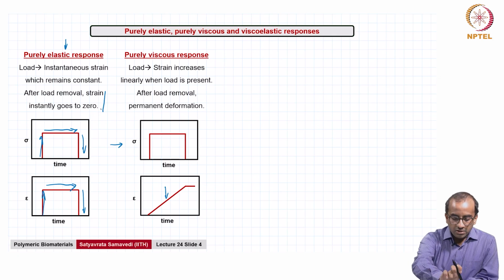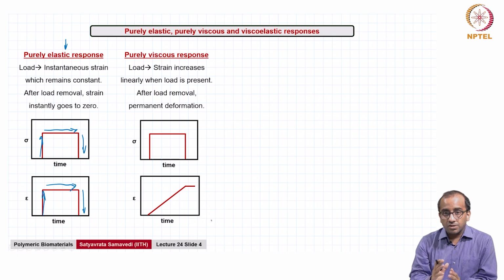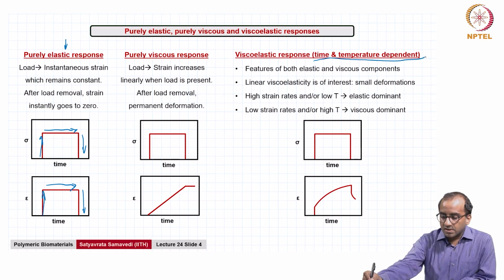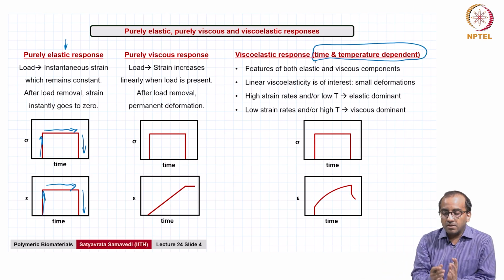Now if you have understood these concepts, we are in a good position to ask, what does a viscoelastic response look like? And here we first note that all viscoelastic responses are going to be time and temperature dependent, and some manifestations of which we will see in this lecture.